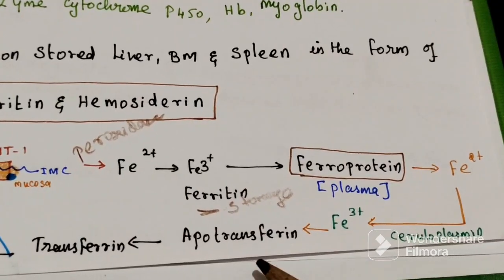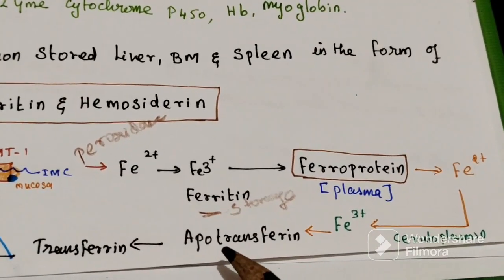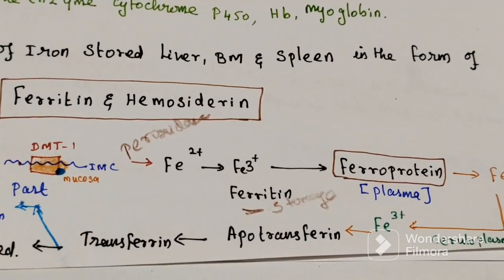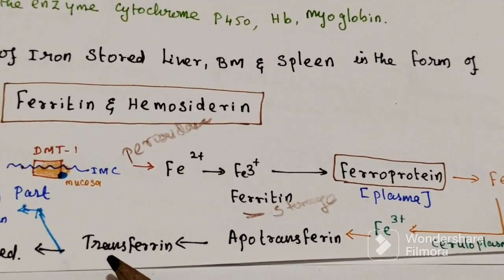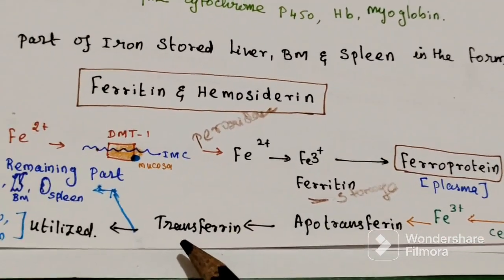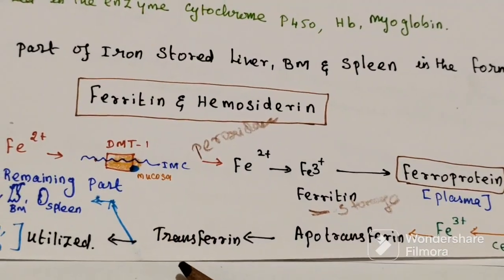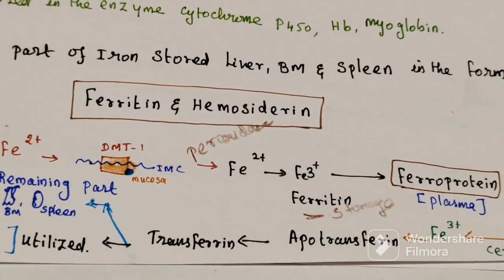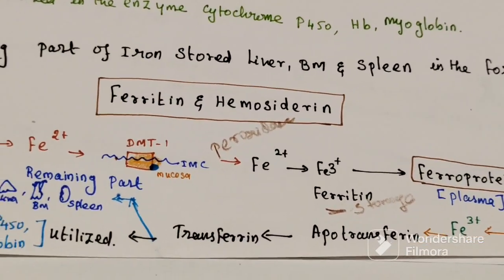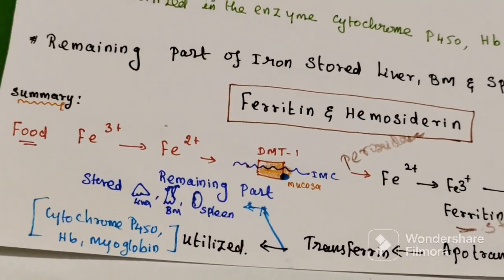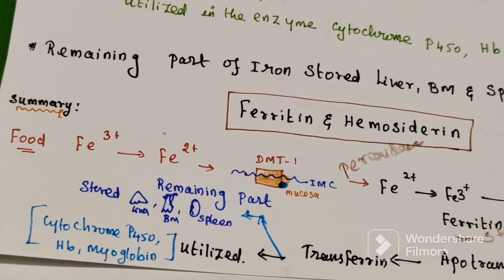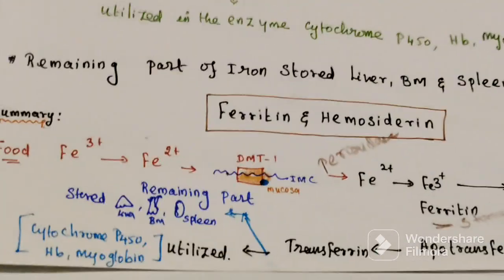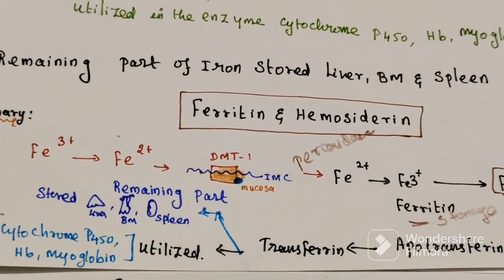Then it is transported to apotransferrin and converted into transferrin. It is the transport iron in the blood and plasma. Now this transferrin is utilized for the enzyme cytochrome P450, hemoglobin and myoglobin. The remaining part is stored in our liver, bone marrow and spleen.